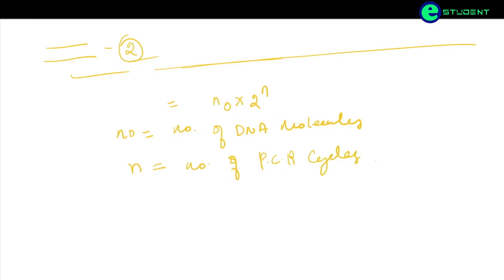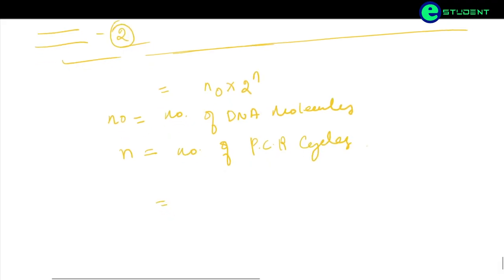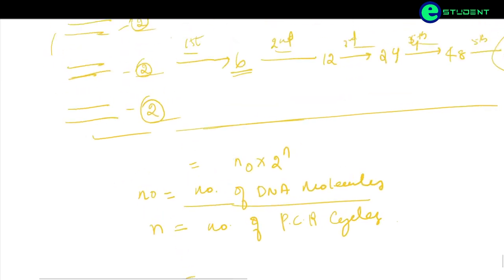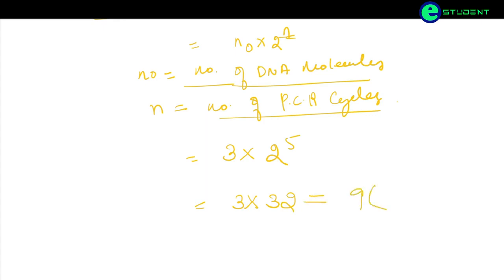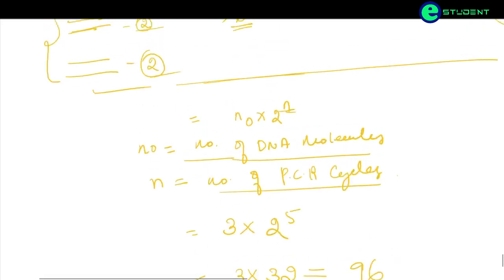Here, what is N0, the number of DNA molecules? 3. So 3 into 2 to the power 5, the number of PCR cycles. That is equal to 3 into 32, which is equivalent to 96. So this is how we calculate when a high number of PCR cycles is given.